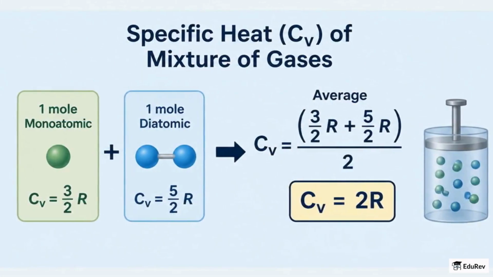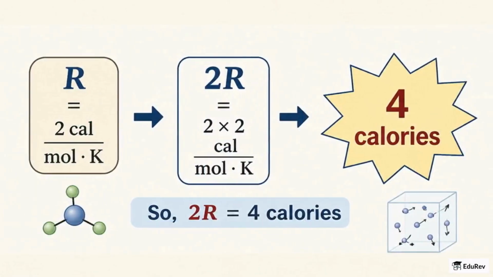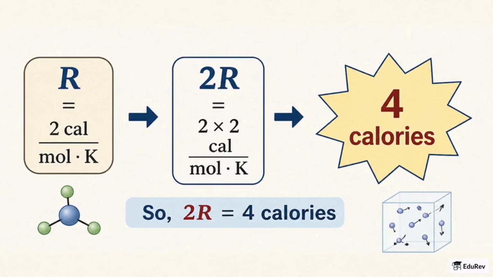The average is quantity 3 divided by 2 R plus 5 divided by 2 R, divided by 2, which simplifies to 2R. If we take R as 2 calories per mole per Kelvin in these units, 2R equals 4 calories. So the answer is 4 calories.